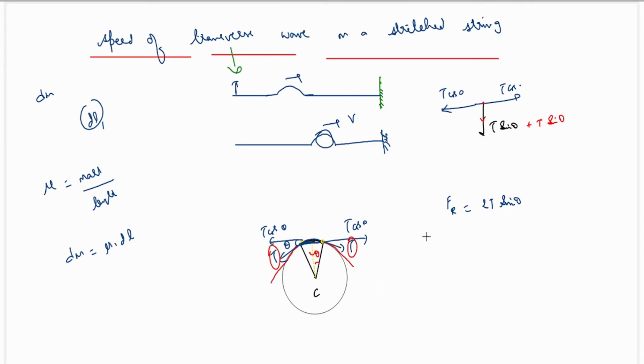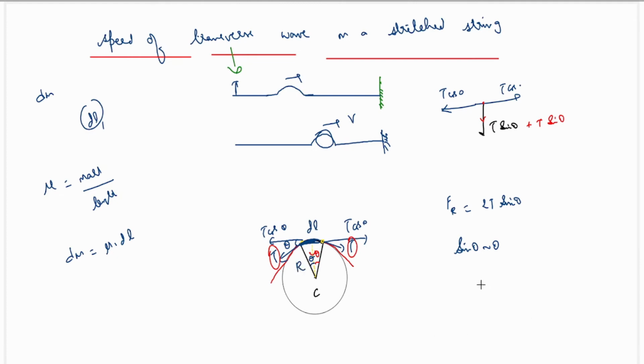Now if we assume that this element is very small, then the angle theta made here and here would be small. So for small angles, sin theta is the same as theta itself. From this arc element, dl is the arc element, and let the radius of the circle be r.